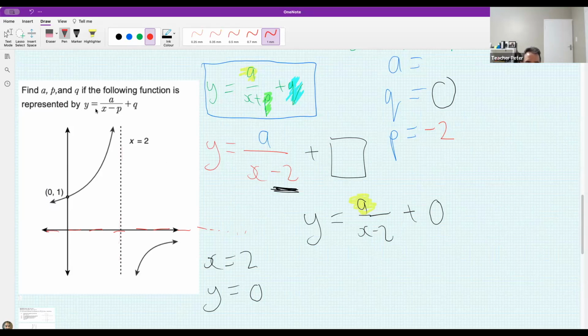I was thinking there's a point 0, 1 that is on this hyperbola. Can't you use that point to help you find what A is? Perfect, Manila, perfect, Naledi.